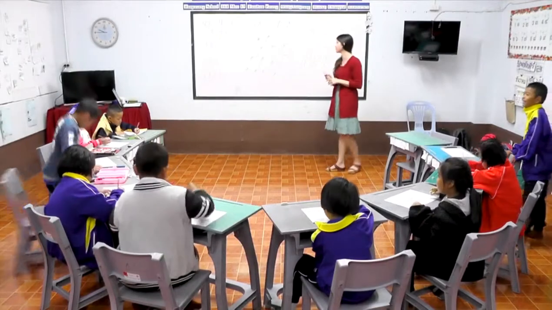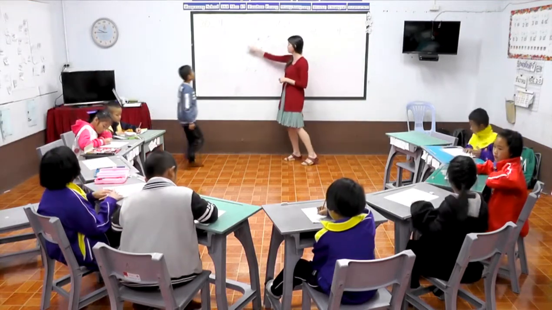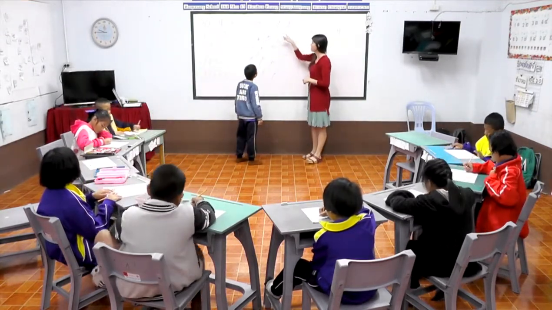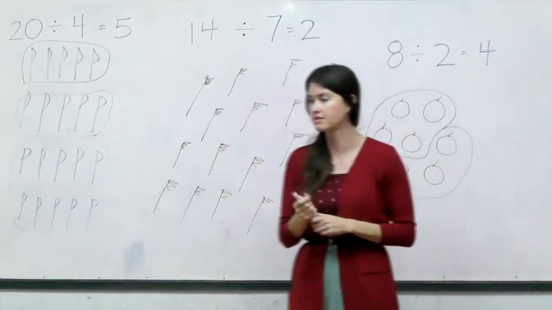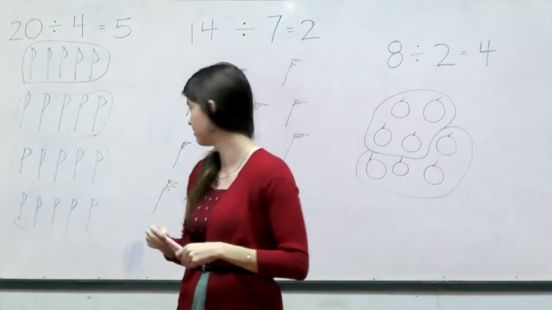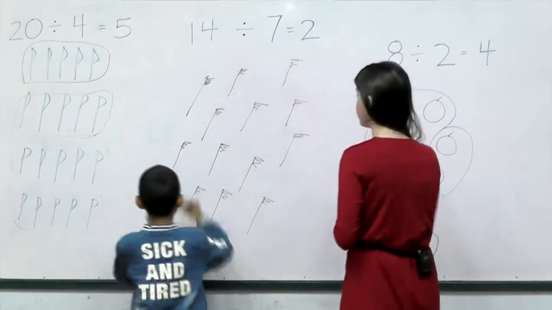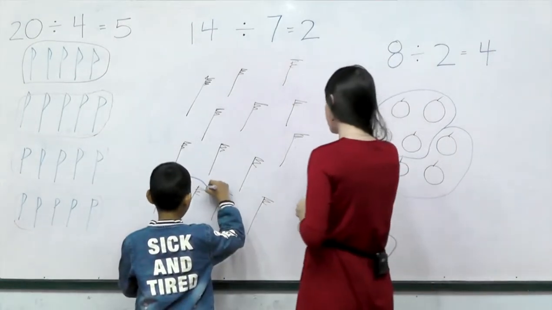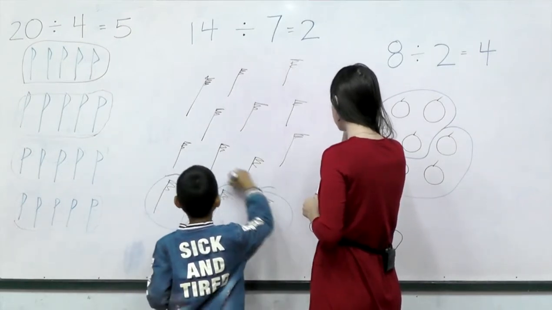Can you circle for us? We have 14 toothbrushes. Can you do 7 groups with 2 toothbrushes? So every group is going to have 2 toothbrushes. Very nice.